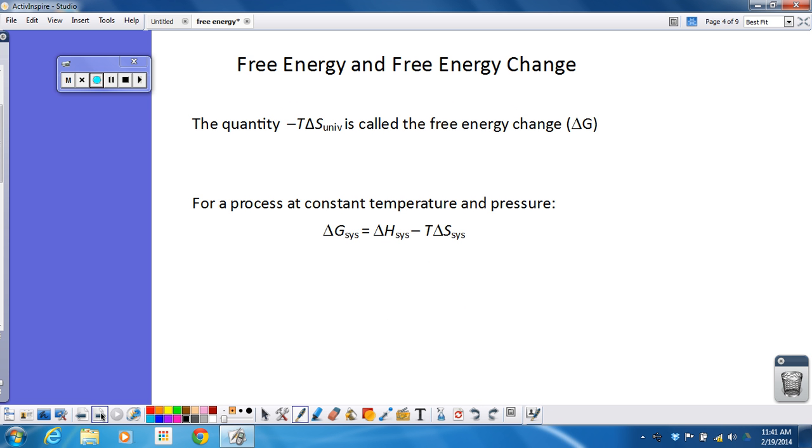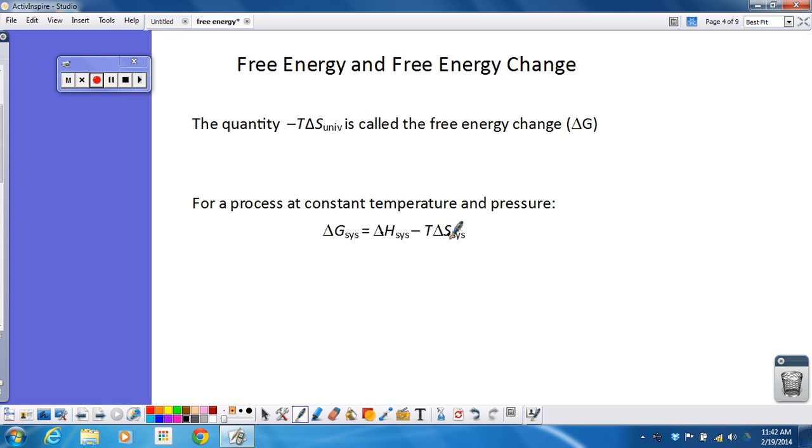So the quantity negative T delta S of the universe is called the free energy change. And what this means is when we take into account the energy, because remember both delta H and delta S involve energy, when we take into account all the energy changes that take place in a reaction, what is left is called the free energy change. So that's the amount of energy when we take these two individual terms and combine them together.